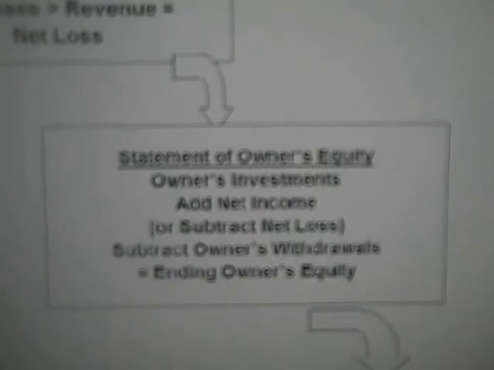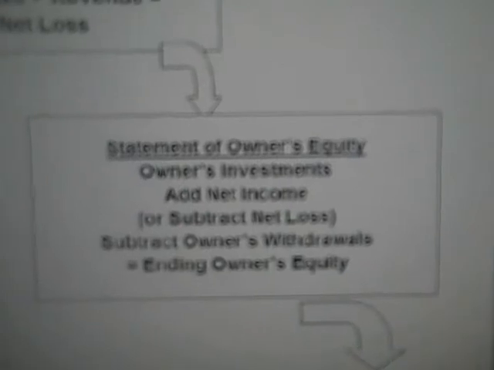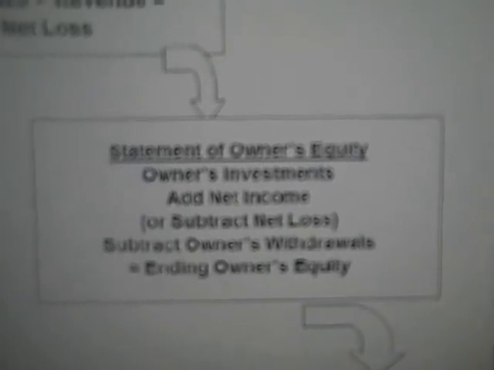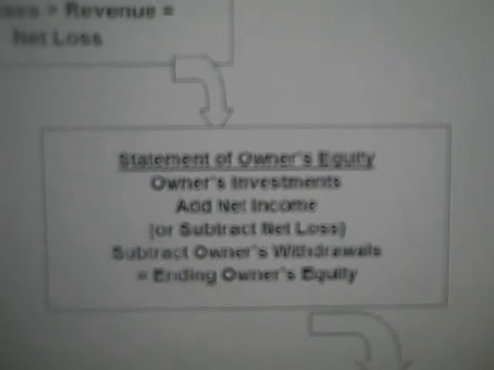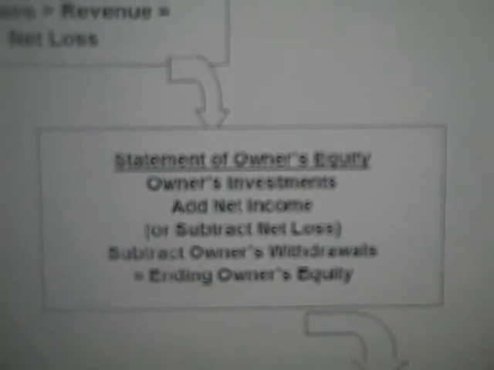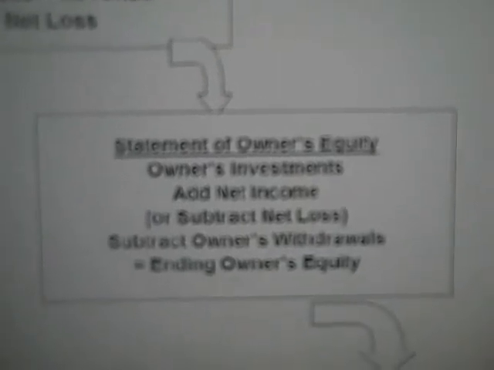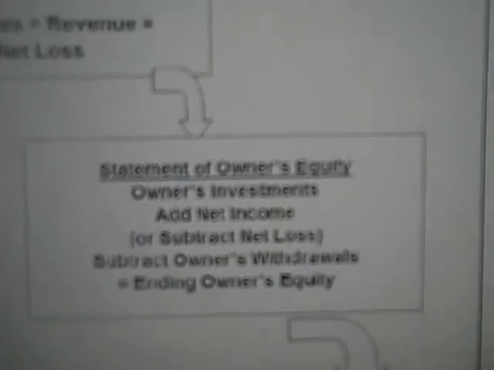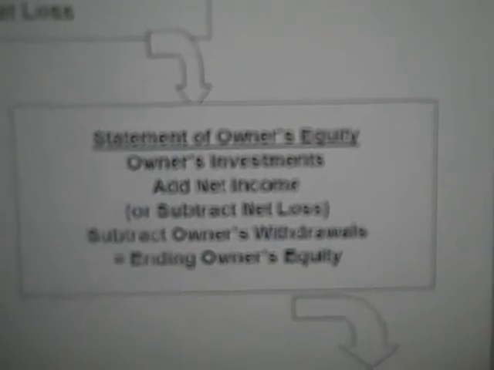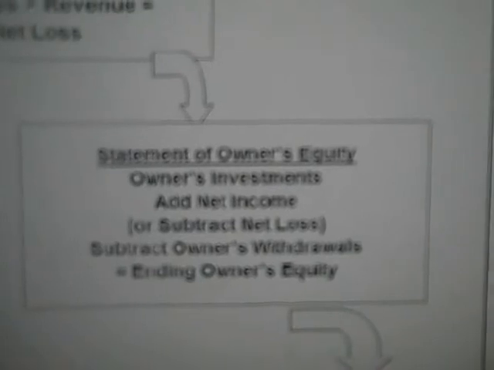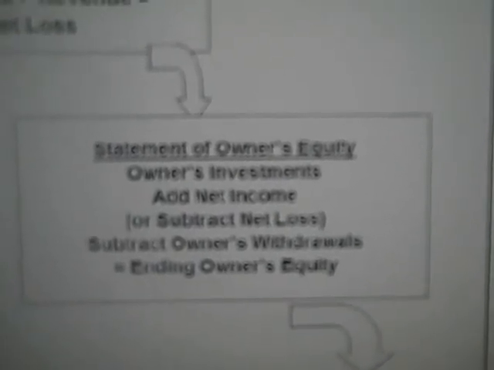And so you can see how your statement of owner's equity starts to talk about the owner's investment for that period, and you add in your net income, or you deduct your net loss from that owner's investments over the period of time. You subtract any owner's withdrawals, and that's going to give you the ending owner's equity balance, and that's going to be like your capital account.